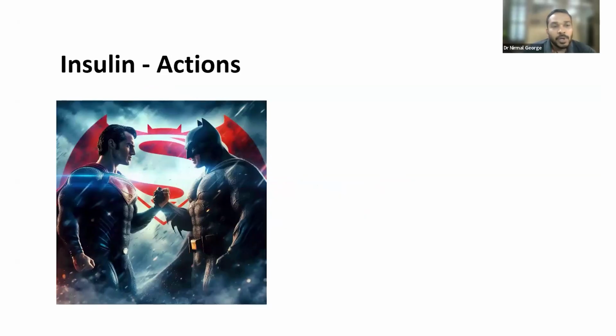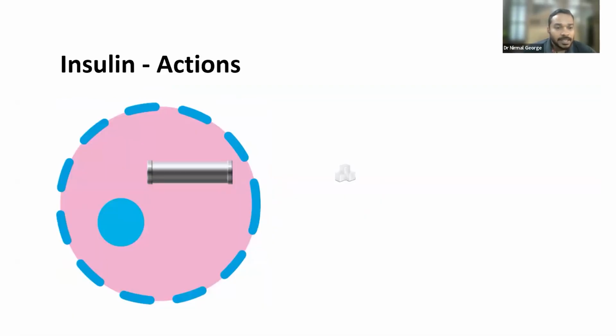So insulin produces its action by binding to its receptor, known as the insulin receptor, which comes under receptor tyrosine kinase. Normally in our cells, there are transporters called GLUT4, where GLUT means glucose transporter.